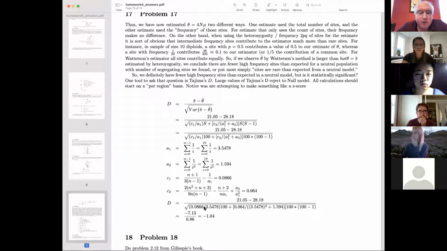It is nothing more than plugging those things in. But intuitively, you all should have the idea that Tajima's D is a test of neutrality, because when all that's going on is mutation and drift, this thing is an estimate of theta, and this thing is an estimate of theta.